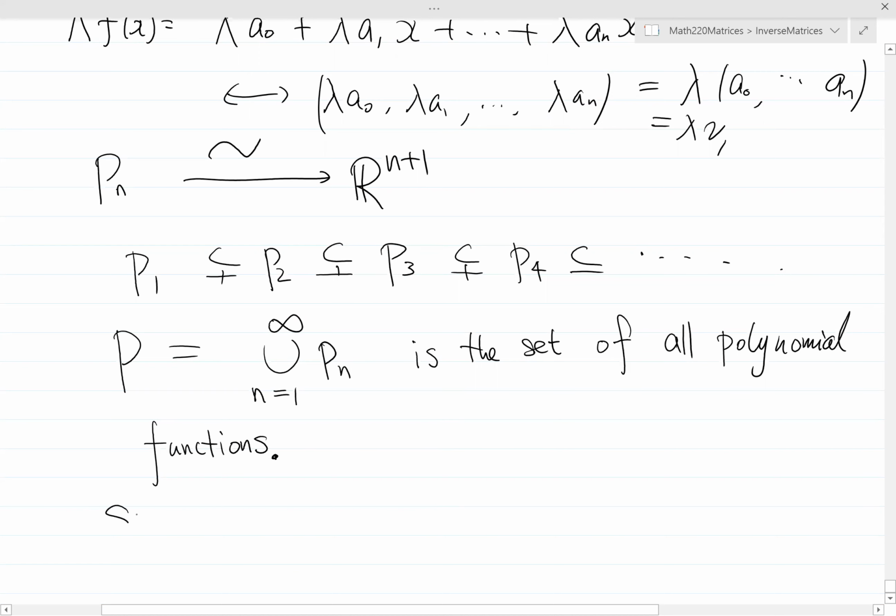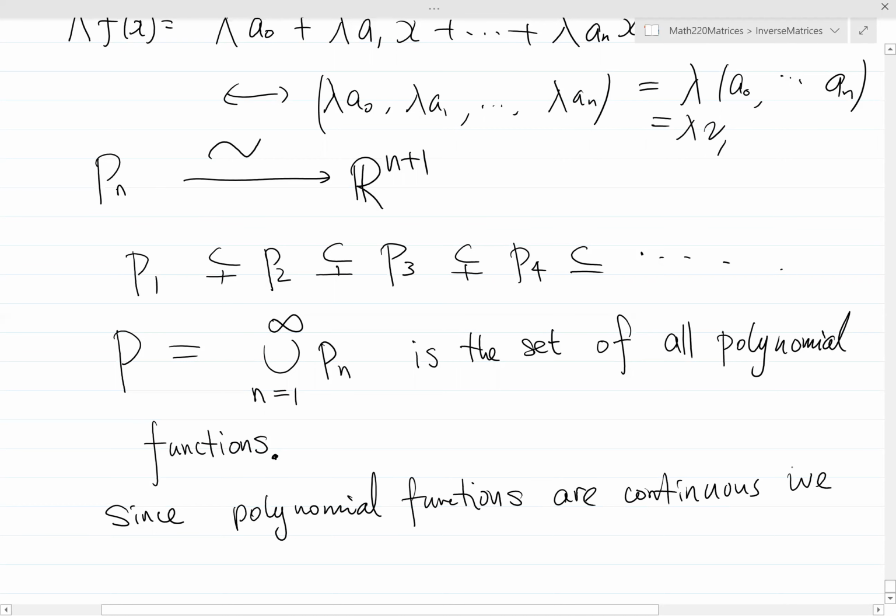Now, since polynomial functions are continuous, P is contained in the continuous functions on R, C(R).